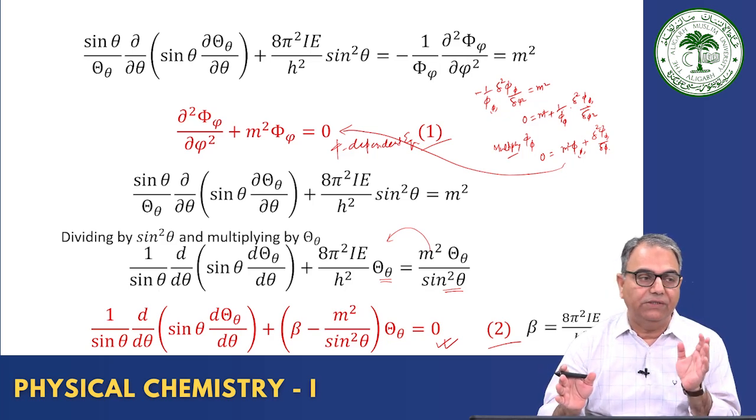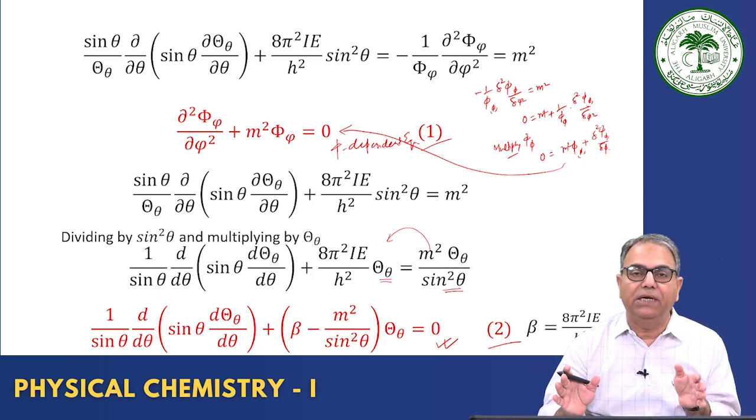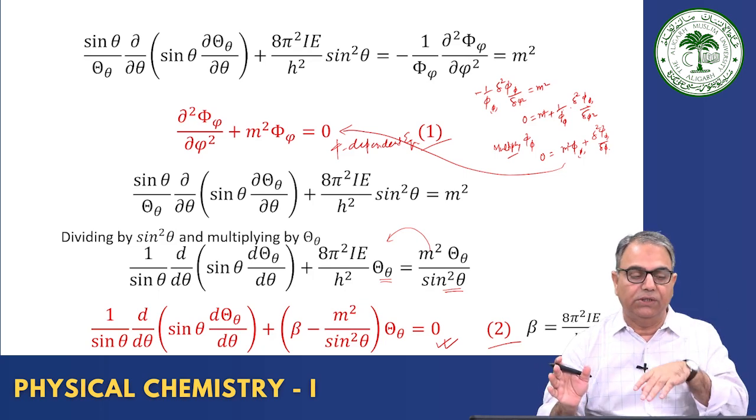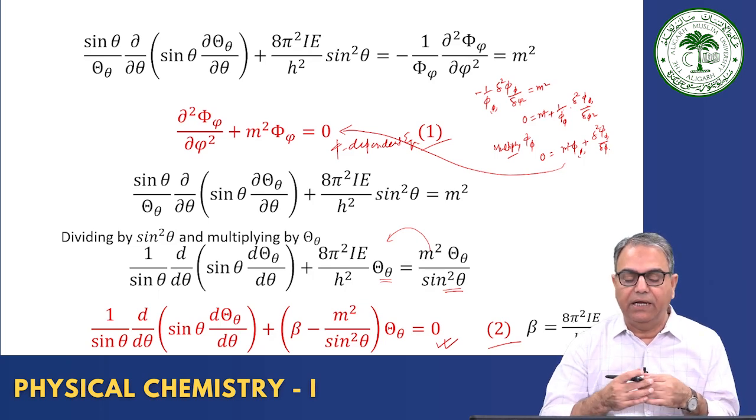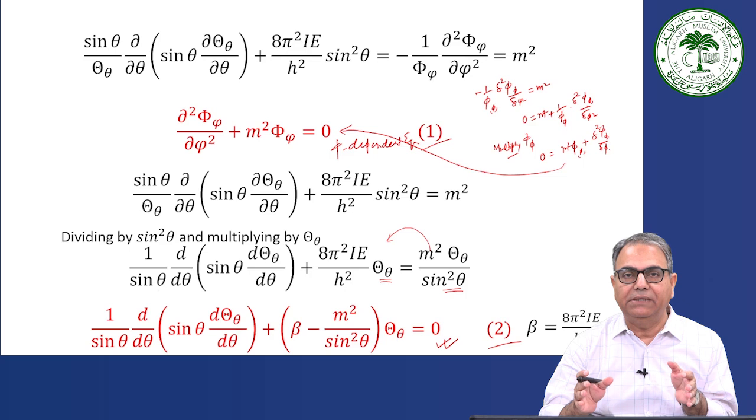Okay, so once we have got these equations, now we separately will try to solve these equations, theta equations and phi equations. And simply by appearance you can see that the easier equation to solve is the phi equation.